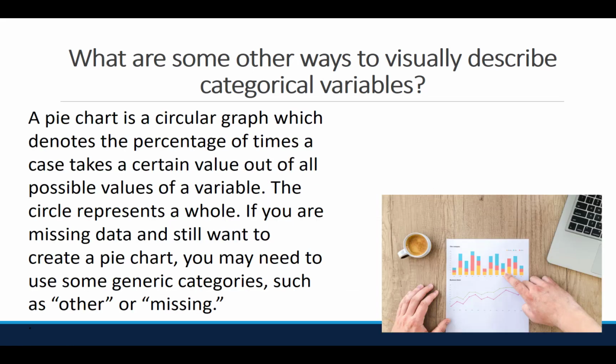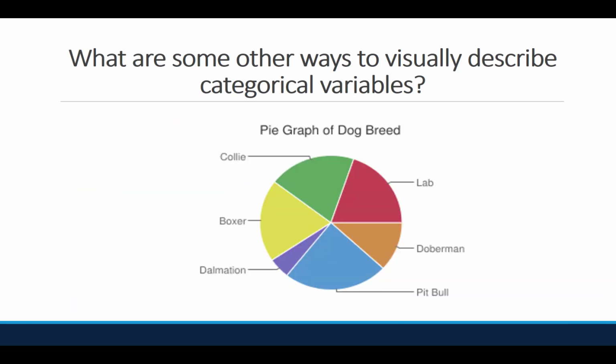A pie chart is a circular graph which denotes the percentage of times a case takes a certain value out of all possible values of the variable. The circle represents a whole. If you are missing data and still want to create a pie chart, you may need to use some generic categories such as other or missing. We could also summarize the dog breed variable with a pie chart.